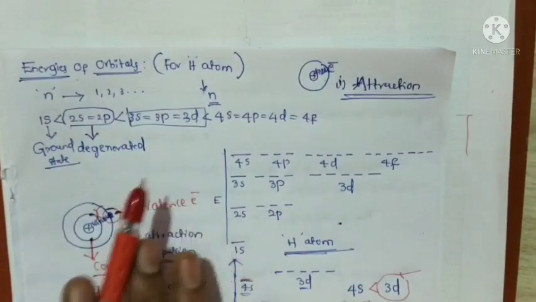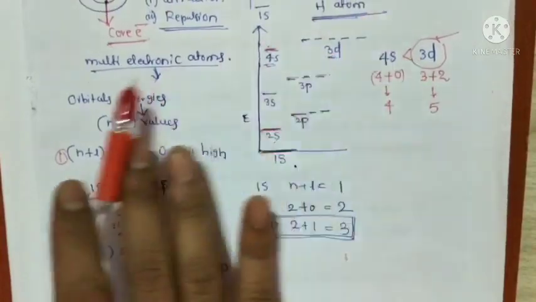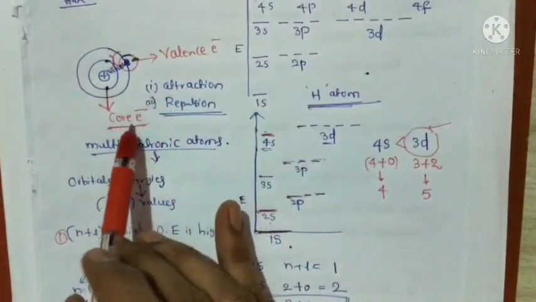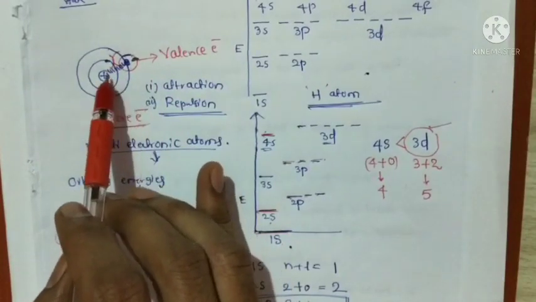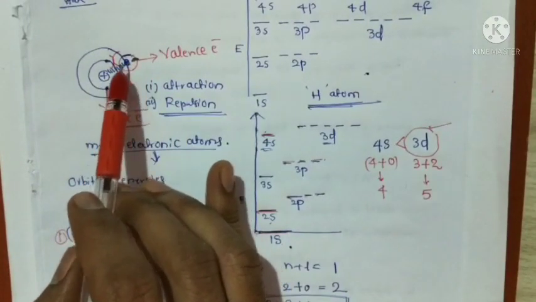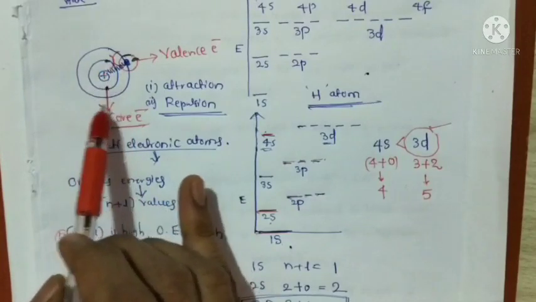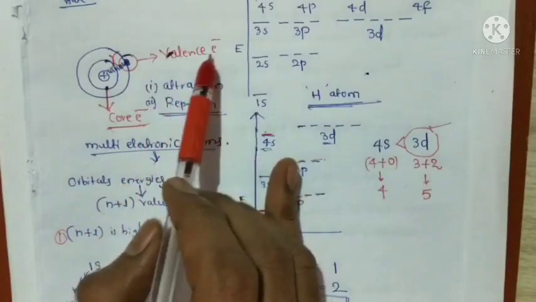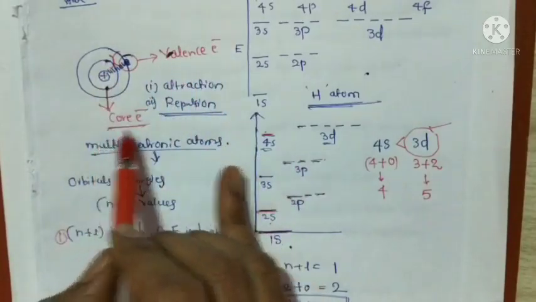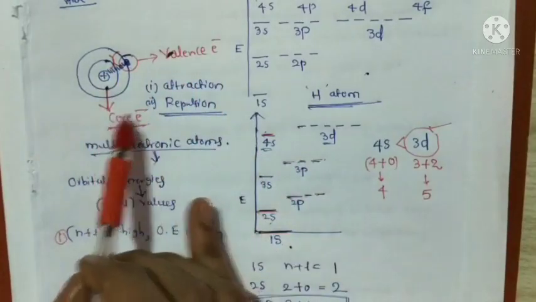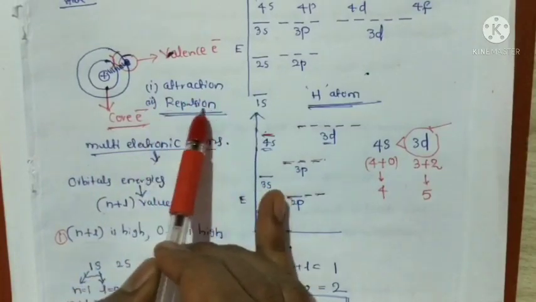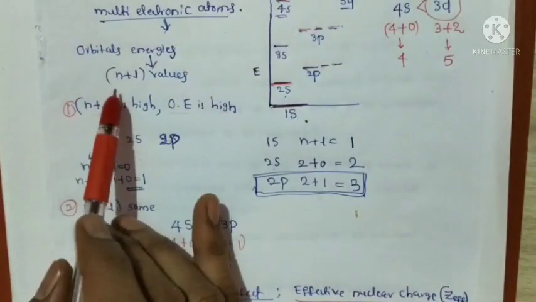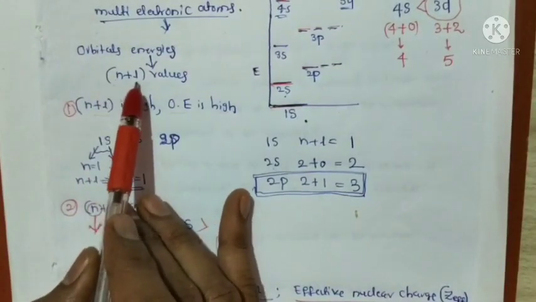For a multi-electron system, there are two forces: attraction between the nucleus and electron, and repulsion between inner electrons and outer electrons. Outer electrons are called valence electrons, inner electrons are called core electrons. So the orbital energies depend on the n value as well as the l value.